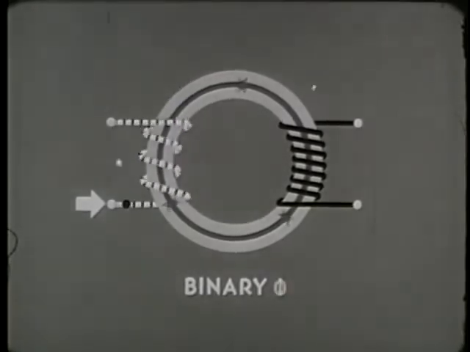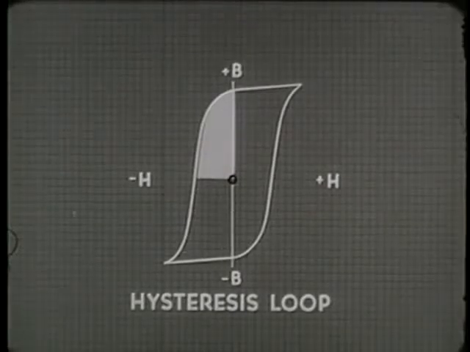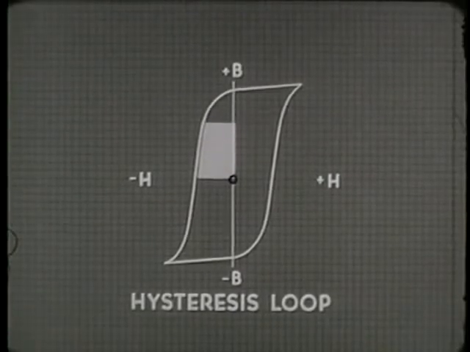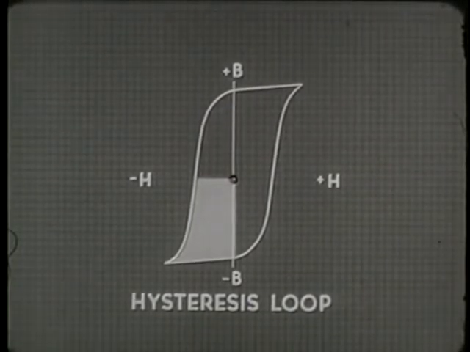Dot current switches the core to binary 0, reversing the direction of the magnetic lines of force. If we diagrammed it, we'd see the positive residual field collapse entirely and a negative field build up to saturation.